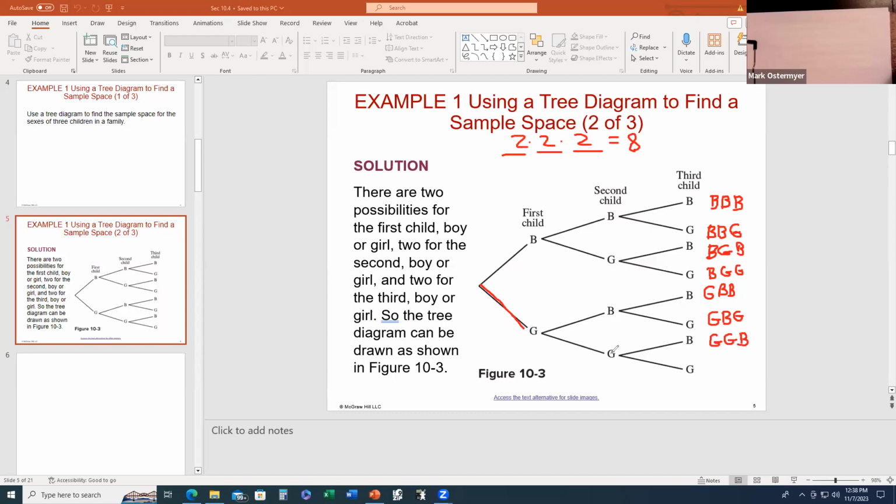Or finally a girl, girl, girl. Or a total of 8 outcomes. Okay. Does that tree structure make sense here? All right. So there's 8 outcomes when you have 3 children as far as their gender is concerned here.